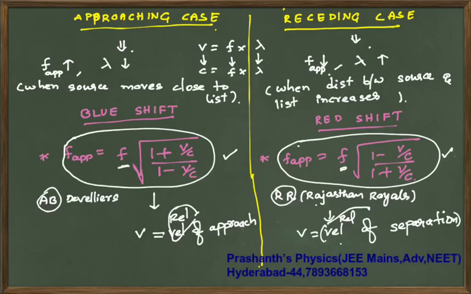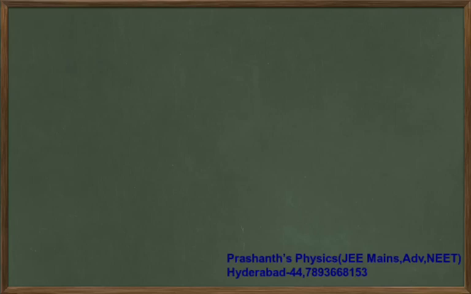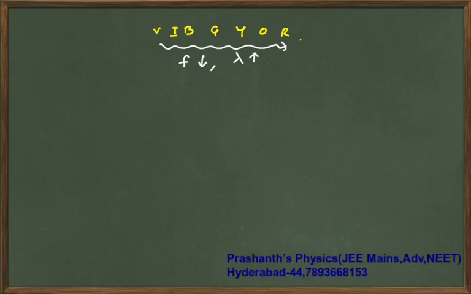Now what is this blue shift and what is this red shift, I will tell you. If you take light, it is the electromagnetic spectrum. In that, if you take the visible region, it has the VIBGYOR colors. When you move from violet to red, frequency decreases and wavelength increases.